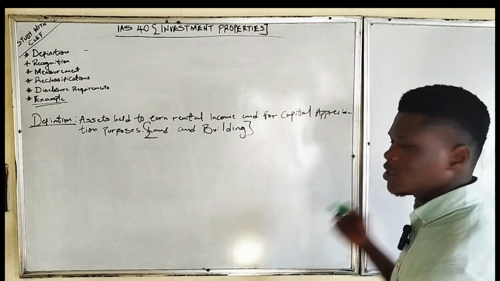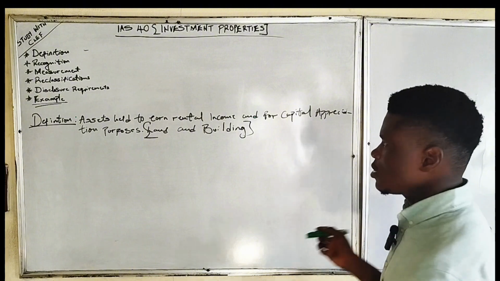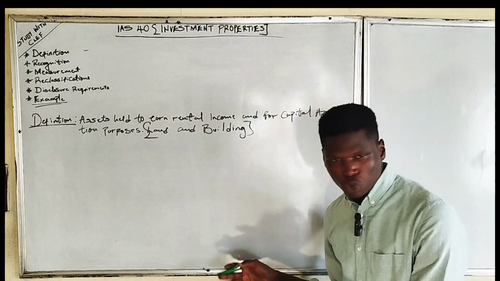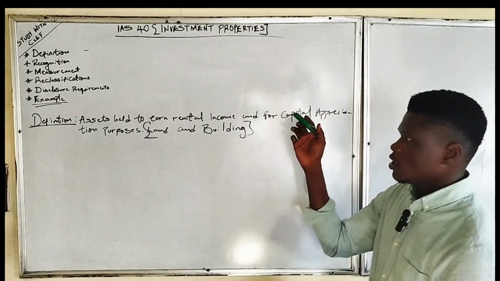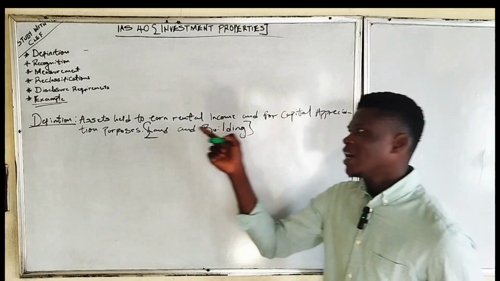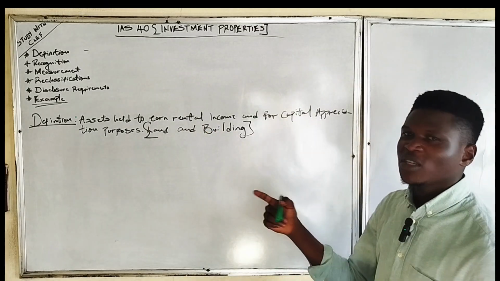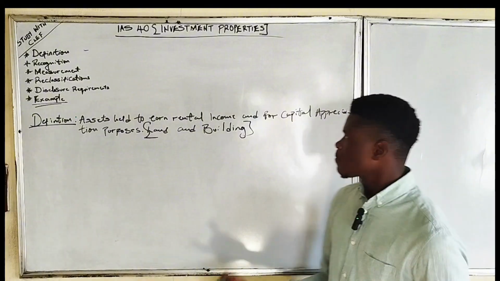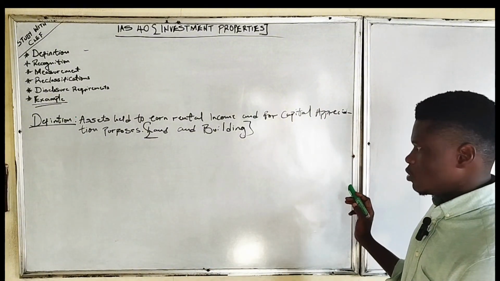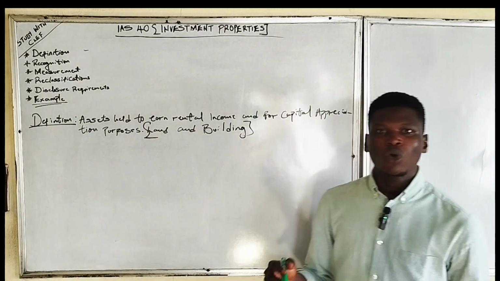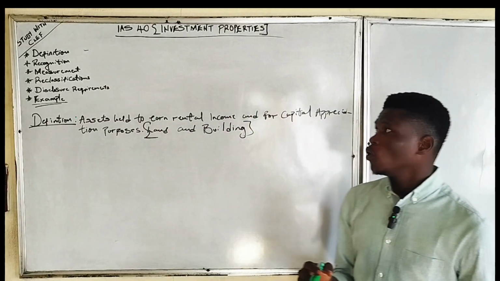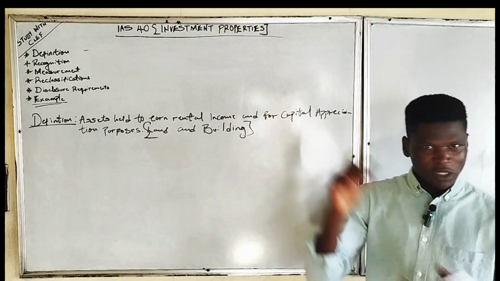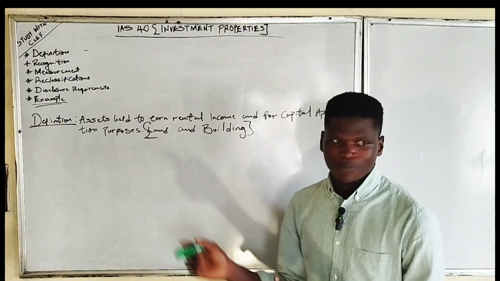Just like we said last class that IAS 16 assets are held for use and for administrative purposes, IAS 40 investment properties are assets held to earn rental income and for capital appreciation, or in some cases, you may hold them presently for future capital appreciation or to regard them as investment property later on in the future.